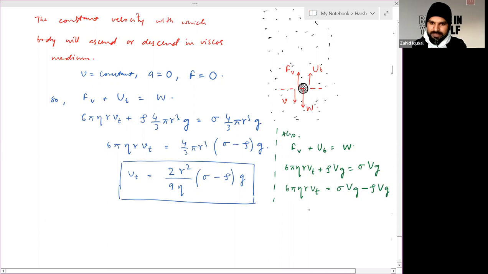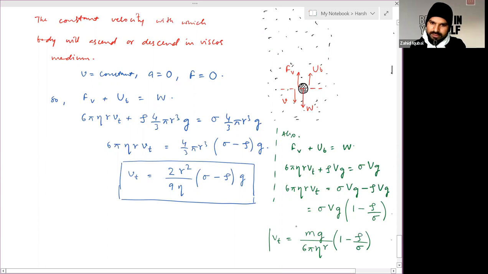Take out sigma volume gravity as common. You're left with 1 minus rho by sigma. Now move this quantity to the right side. So terminal velocity equals sigma into volume, which is mass of object, times gravity divided by 6 pi eta r, bracket 1 minus rho by sigma.